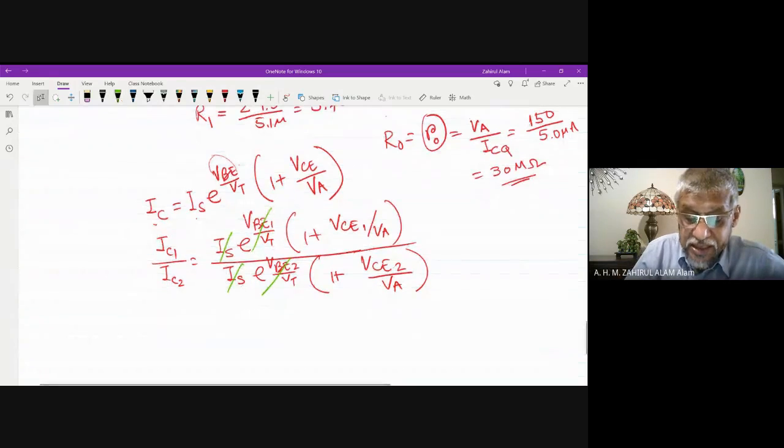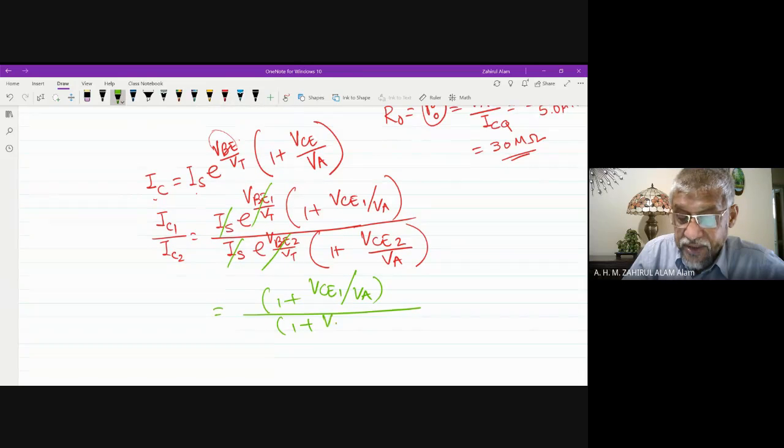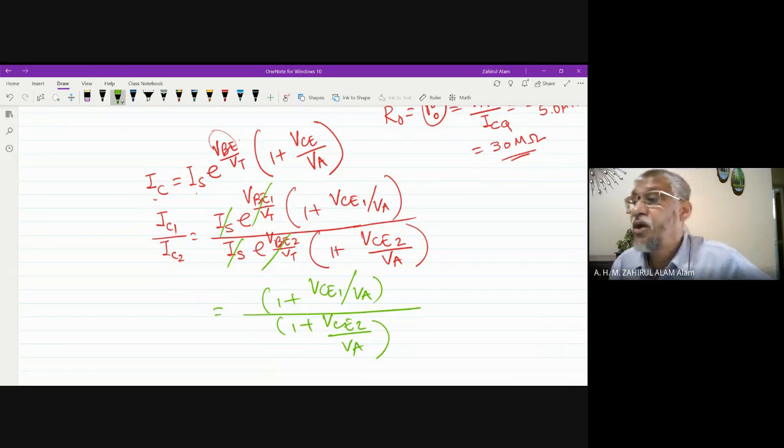So now we know the relation: 1 plus VCE1 divided by VA over 1 plus VCE2 divided by VA. Now all voltages are given.